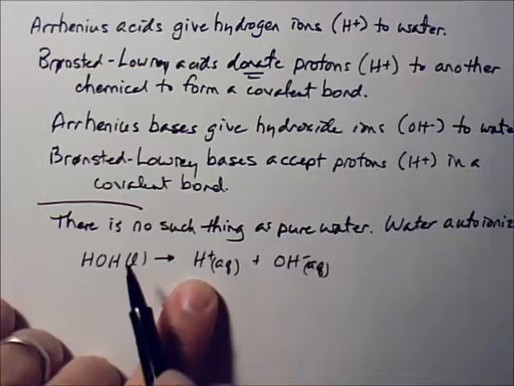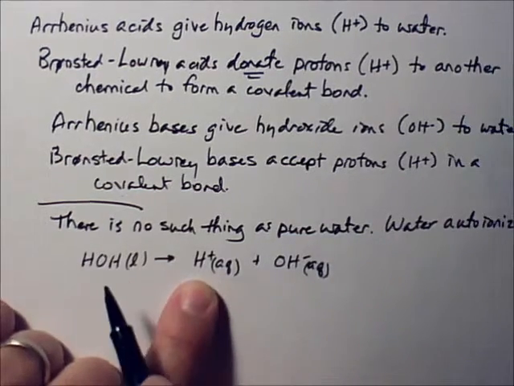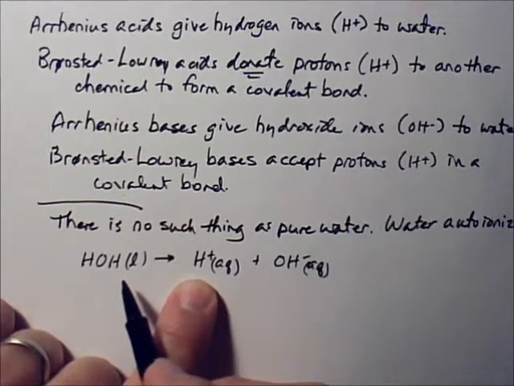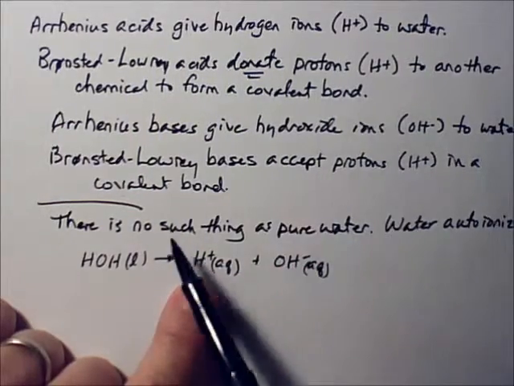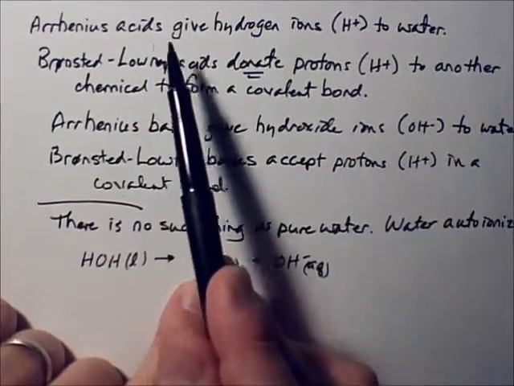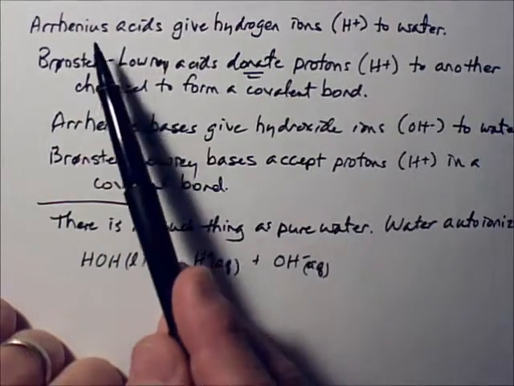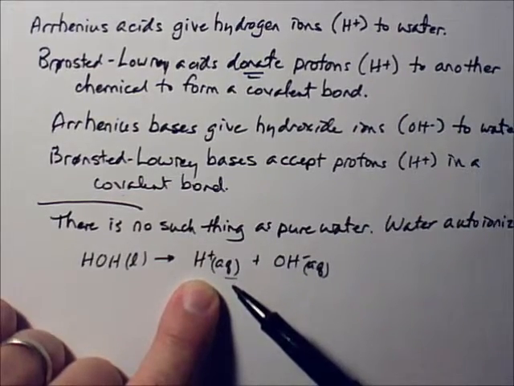Look at this. Since water donated a proton to water, since this molecule donated a proton to water, what does that make this? It's an acid. Look at that. Arrhenius acids give hydrogen ions to water. That's what it did.